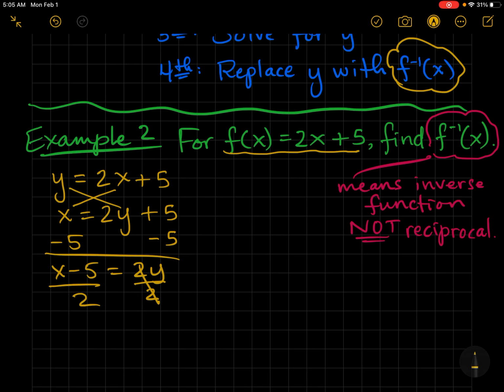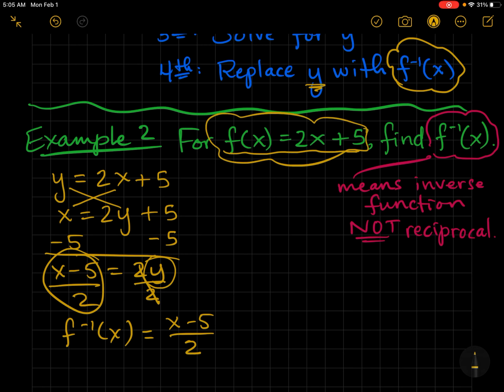And now, instead of leaving it as y, we're going to replace y with the f inverse of x notation. So now we know that the inverse for this function is this function, and they would undo each other if we plug them into each other.